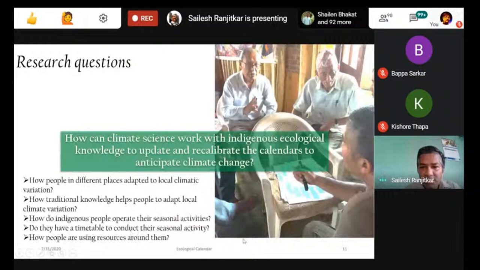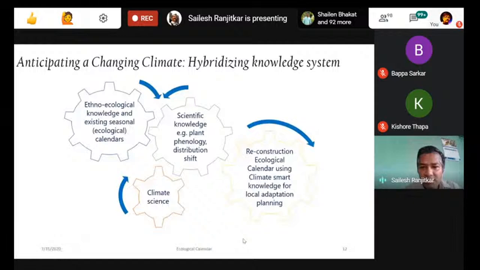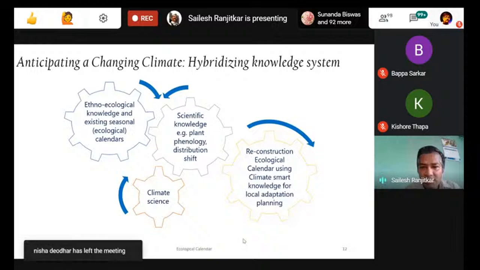So these are the questions we put together, and we hypothesize that we can generate a hybridized knowledge system that includes scientific information from different branches of, let's say, meteorological science, or even ecological modeling or phenological modeling, and how that can be integrated with the ecological knowledge from an indigenous community that has lived in a certain mountain area for a very long time, and the seasonal practices they have.